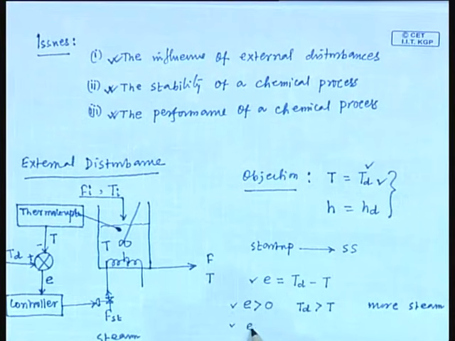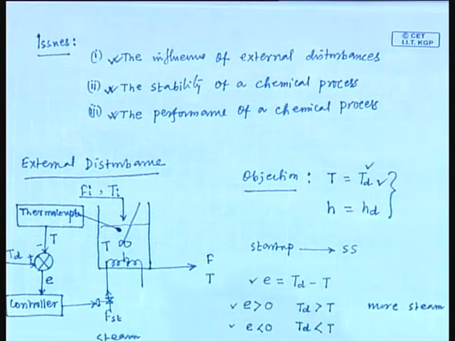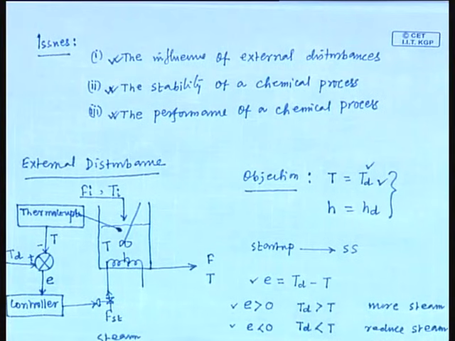Similarly, if error is less than 0, in that case the situation is just the opposite. I mean TD is less than T. That means the controller should reduce the steam flow rate.